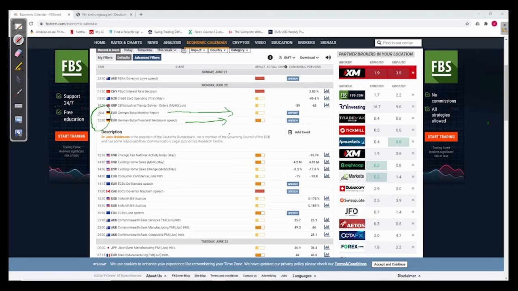So now these two can make euro up or down. That depends on their reports tomorrow. Then have a look at that. 12:30, the American Chicago Fed National Activity Index is coming out for May, and then existing home sales, anything to do with the United States and euro.